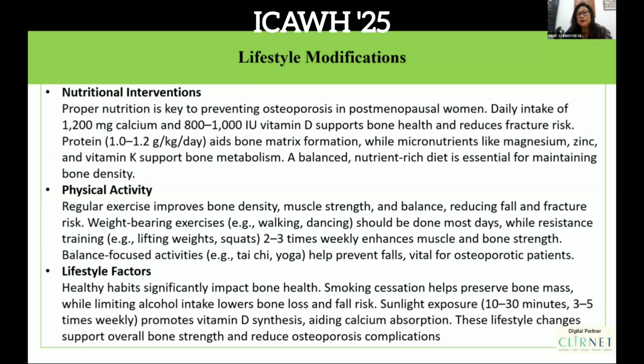This should be done most days, while resistance training like lifting weights and squats 2 to 3 times weekly enhances muscle and bone strength. Balance-focused activities like Tai Chi and yoga help prevent falls, vital for osteoporotic patients. So now, after lifestyle modification, we come to lifestyle factors: healthy habits significantly impact bone health.